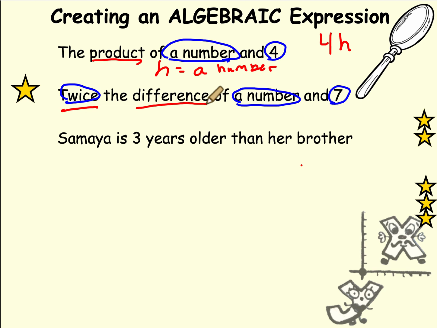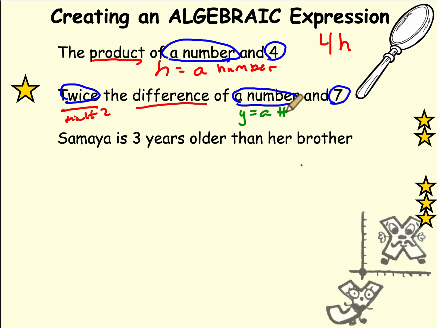So remember, the word twice tells us a specific math operation. And remember, it means multiply by 2. Difference means subtract. And so now we need a variable that's going to represent our number. So let's go ahead and pick one. Let's do y. We use hashtag for number.